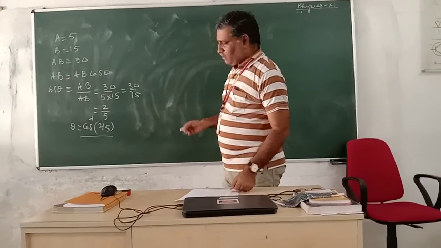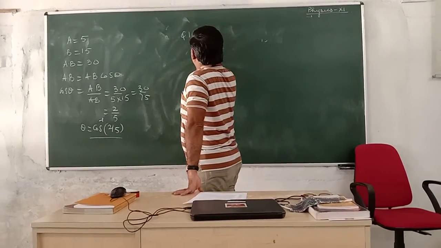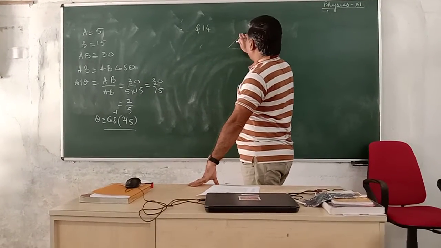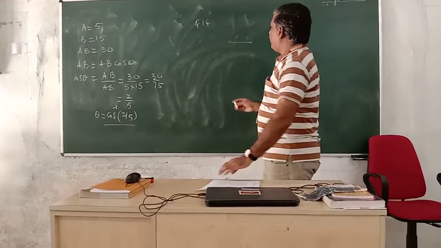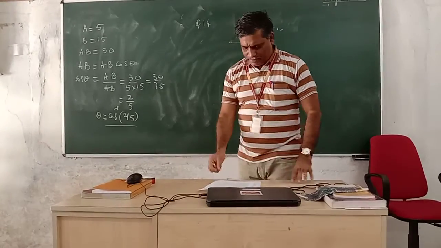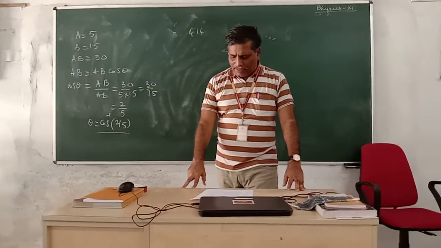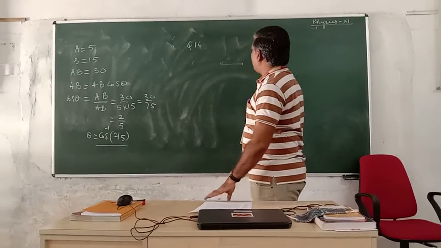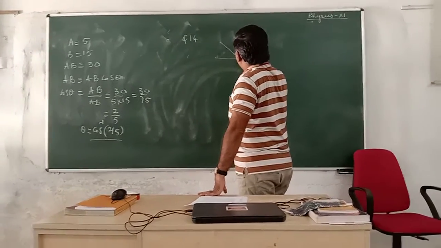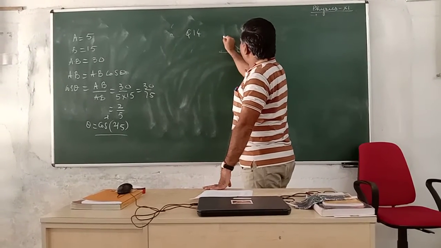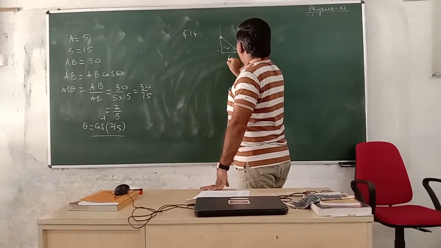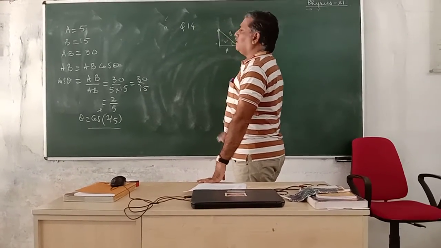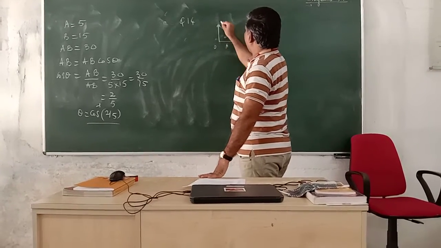There are two vectors, vector A and vector B, of equal magnitude, inclined to each other in such a way that their resultant is root 3 times A. This is vector A, this is vector B, and this becomes their resultant. This is O, P, Q.